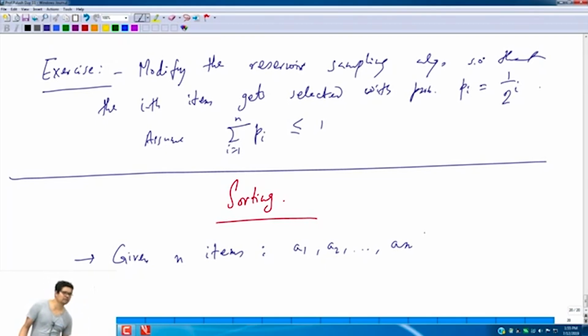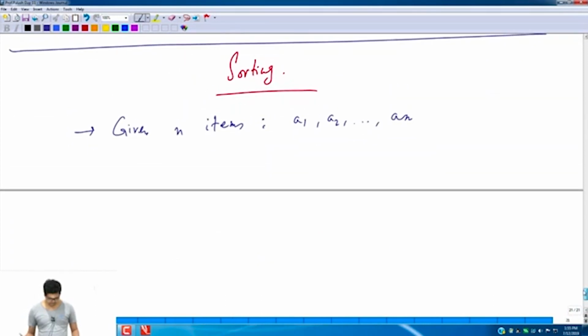In usual sorting we are given n numbers, but here we are given n abstract objects, and we want to arrange them, but in what order? The order is decided by the oracle. So there is an oracle.